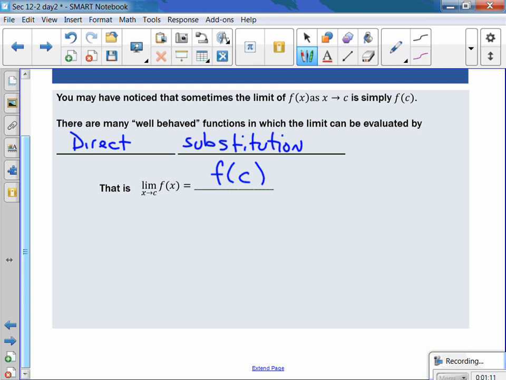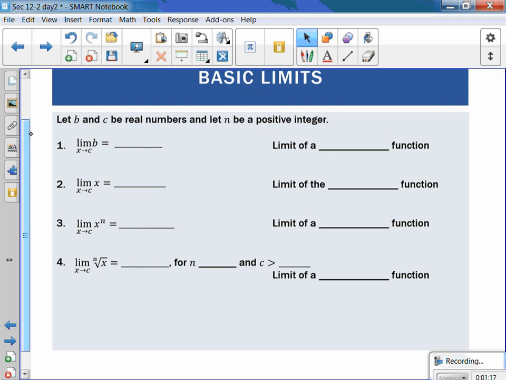This happens quite a bit for our functions, in particular for some of our limits. Here we have b and c real numbers and n a positive integer. A lot of this I can use my direct substitution. If I have the limit of b as x approaches c, what do you think this is?